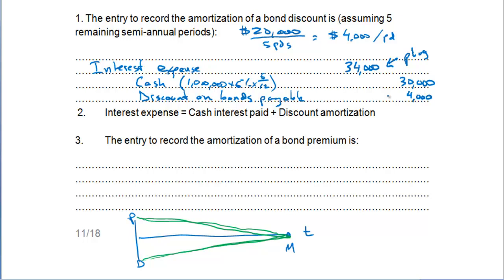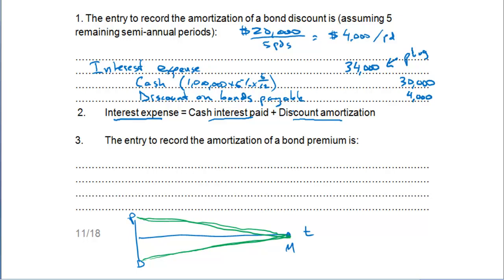Likewise, to conclude, if you get the gist of this entry, the interest expense that the corporation records is the cash interest paid, based on the rate printed on the bond, plus the amount of the discount that's being amortized.